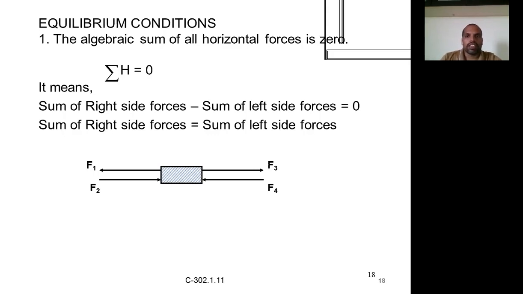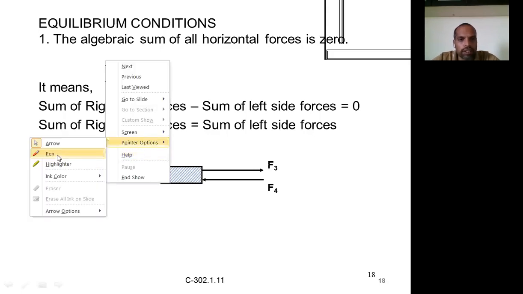It's nothing but the algebraic sum of horizontal forces: sum of right side forces minus sum of left side forces is equal to 0. For a body in equilibrium, this condition has to be satisfied. Then only the body is said to be in equilibrium. For example, let us take a simple diagram here.